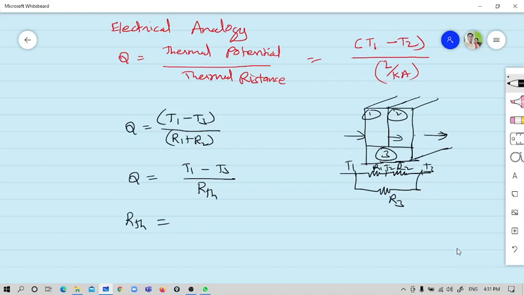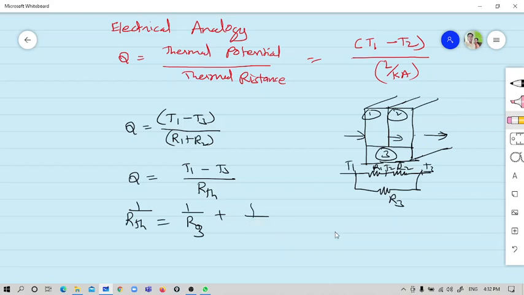So 1 upon RTH will be equal to 1 upon R3 plus 1 upon R1 plus R2. Okay. It will be like this. Because they are R3 and these two resistances, they are in parallel, isn't it? So instead of writing them separately, I will just write them together here.